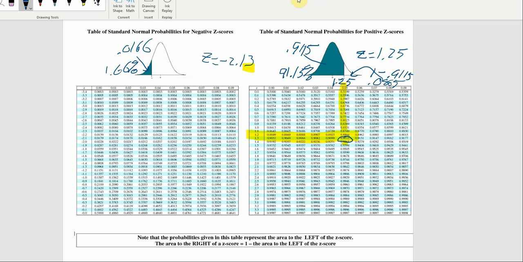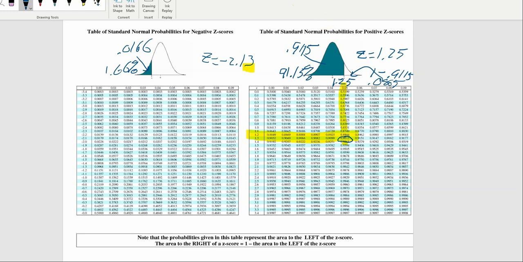So if you have to find the area to the right of the z-score or above that z-score, you simply take 1 and subtract this area here. This is how you get percentiles when you take your SATs or your EOCs and you scored in the 91st percentile. That's exactly where this comes from. You scored better than 91% of the people.